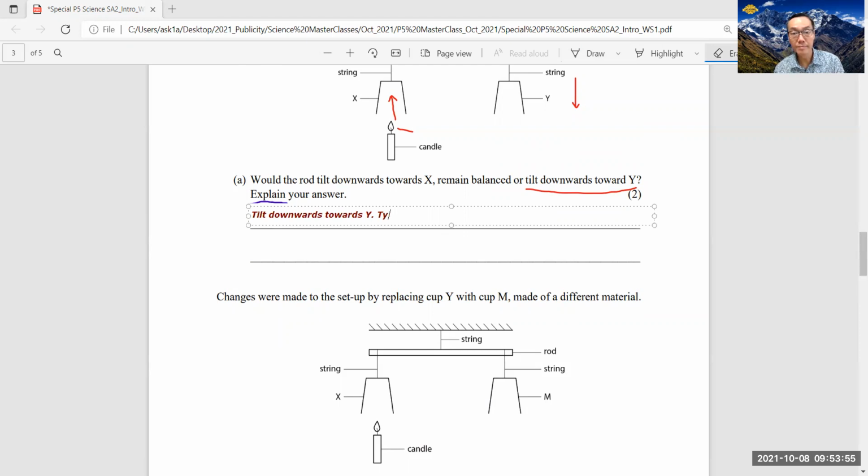The flame from the candle, right? Heats up the air.